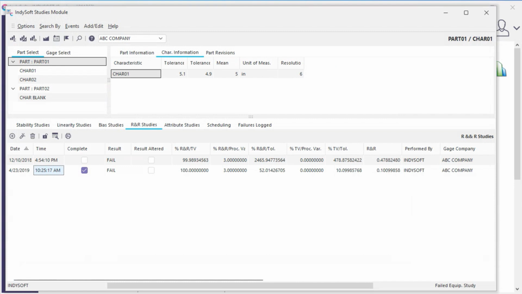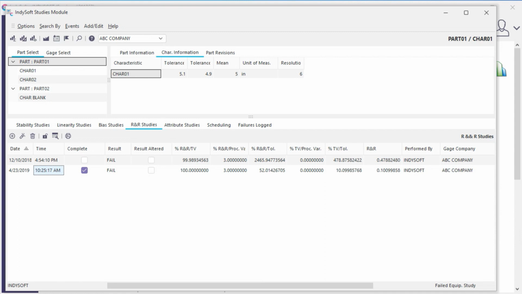A number of these studies have to collect data over the course of several days or weeks or months, so you probably don't have people putting information directly in, and especially with the RNR study, the technicians are not supposed to know what they're measuring. So there's still a bit of manual work involved.